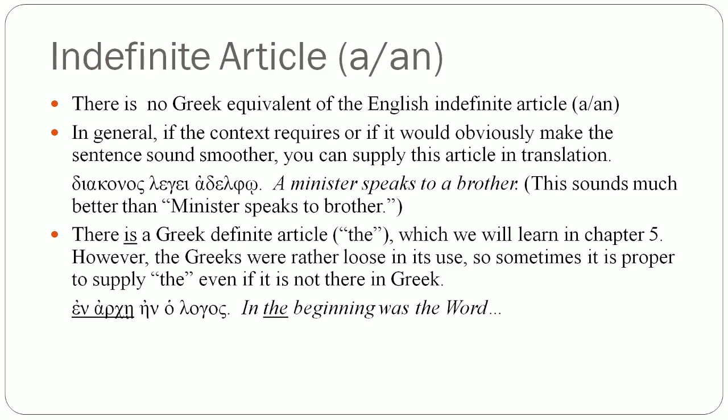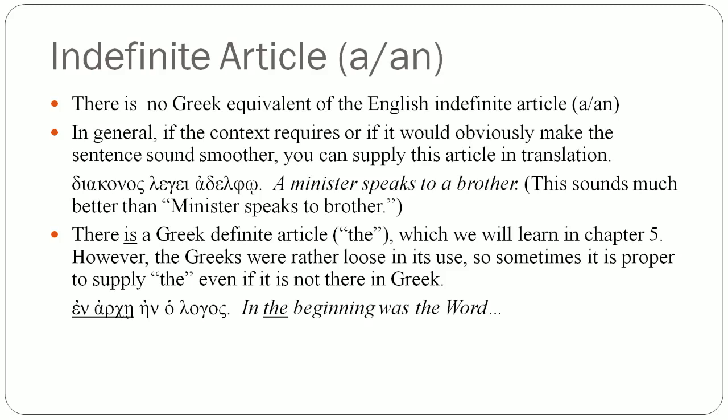And yes, there is a separate Greek form for the definite article the, but there are places where you just have to put it in there or it doesn't sound right. Okay, in John chapter 1 verse 1, it says, in the beginning was the Word, and the Word was with God, and the Word was God. Those first words there are en arche. Literally, this means in beginning. Okay, John 1:1 starts out, in beginning was the Word.